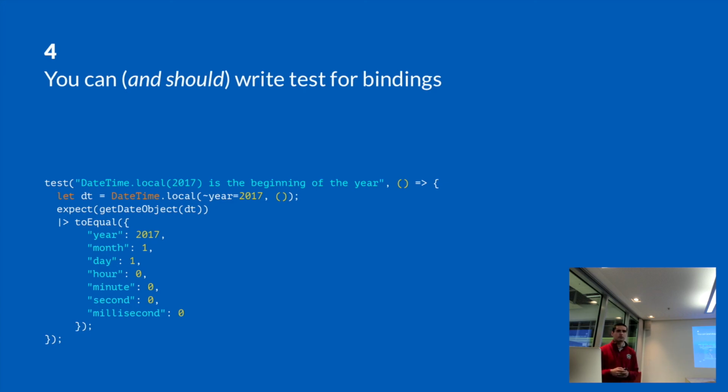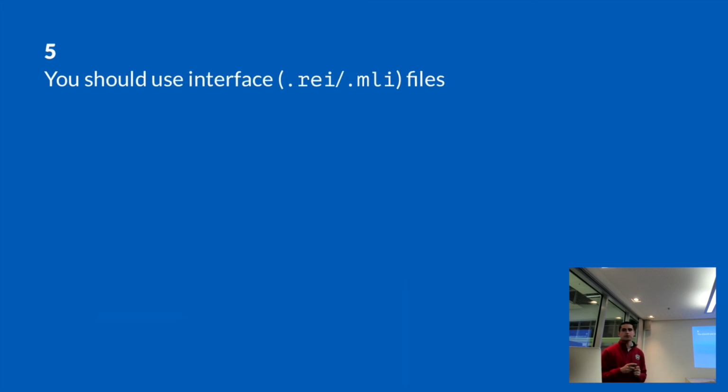Other people have done this. It's very simple. Fifth, you probably should use interface files, MLI and REI. I actually haven't tried them out, but other bindings developers have used them to separate the implementation of the bindings, or of any library in OCaml really, from its actual type signatures.